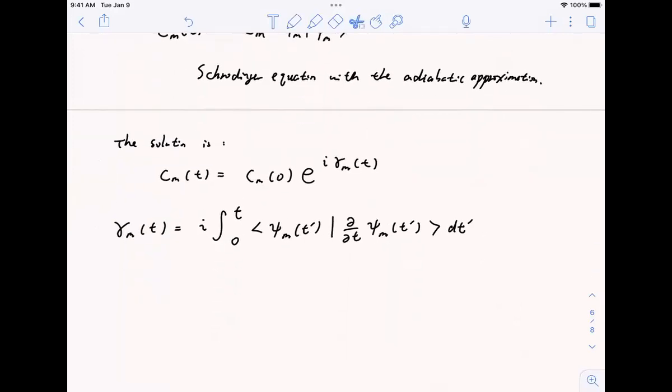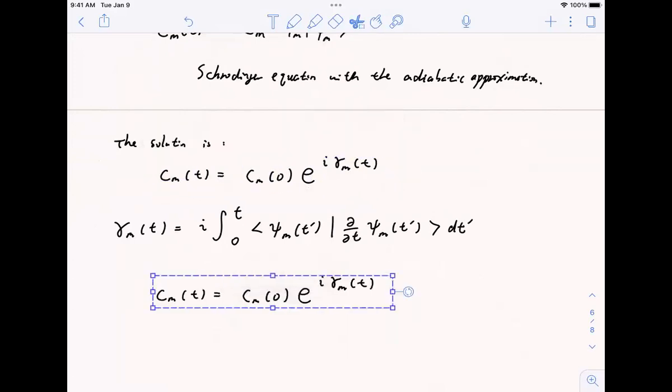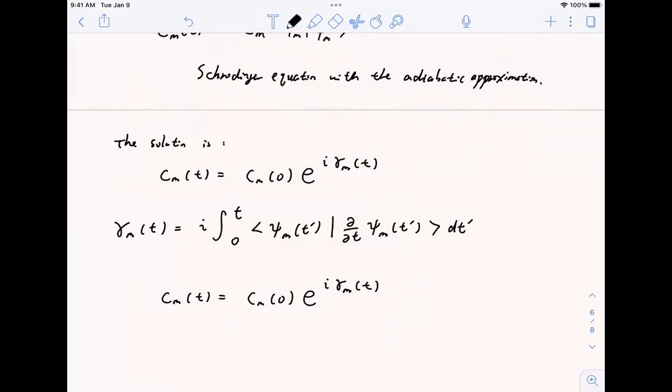Maybe you can just simply confirm it. Let's do the derivative. Then this will be the derivative.